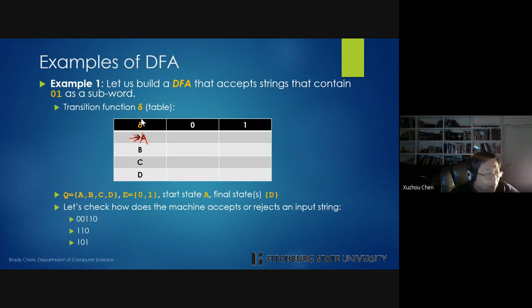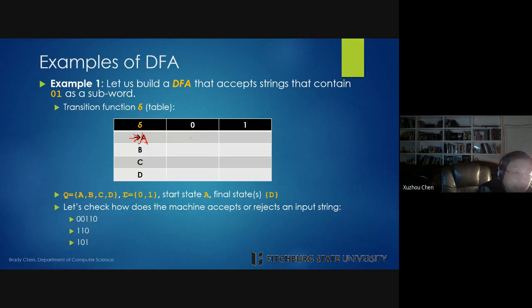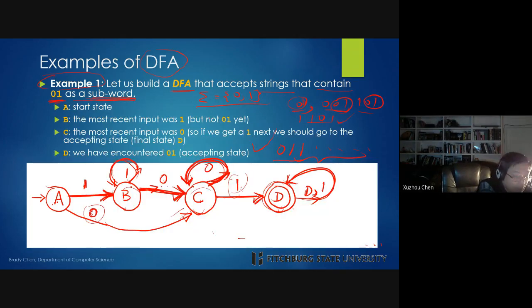Now, if the input value is 0 and the current state is A, based on this finite automata, what is the next state? It's C, right? Initial state is A, input value is 0, we go to C.